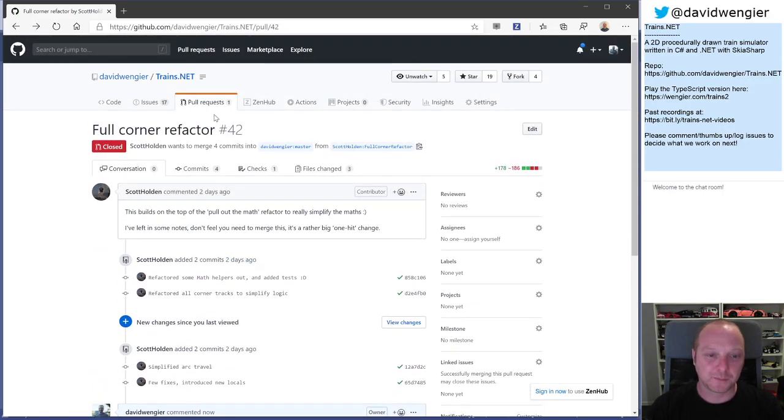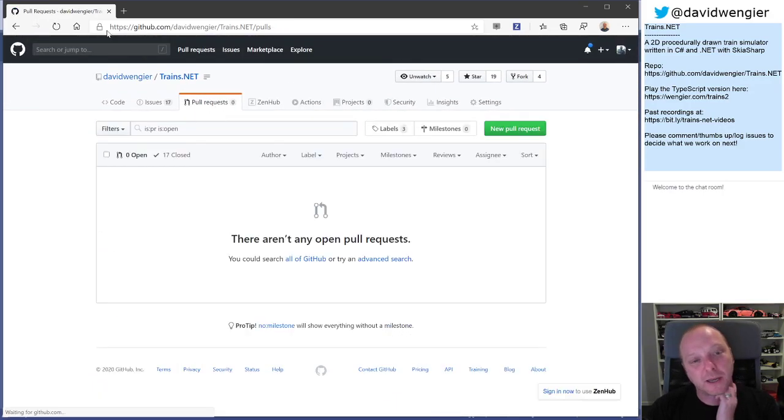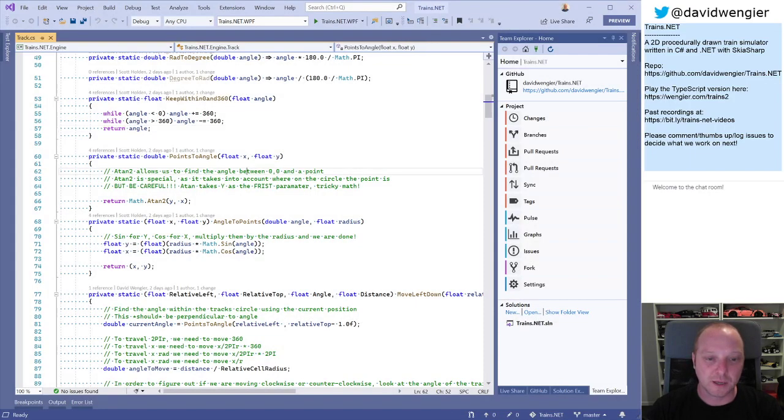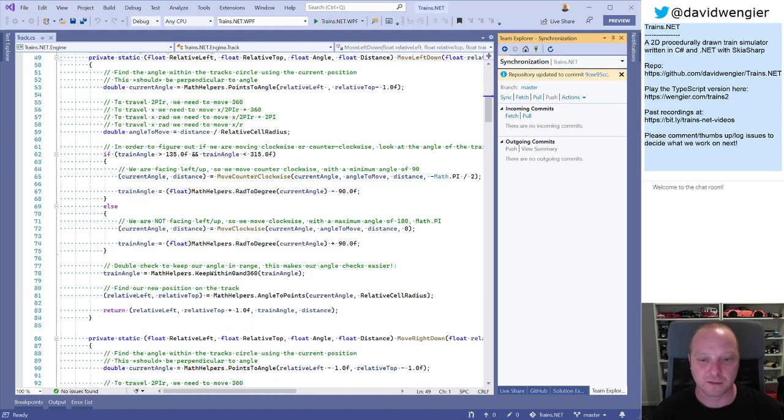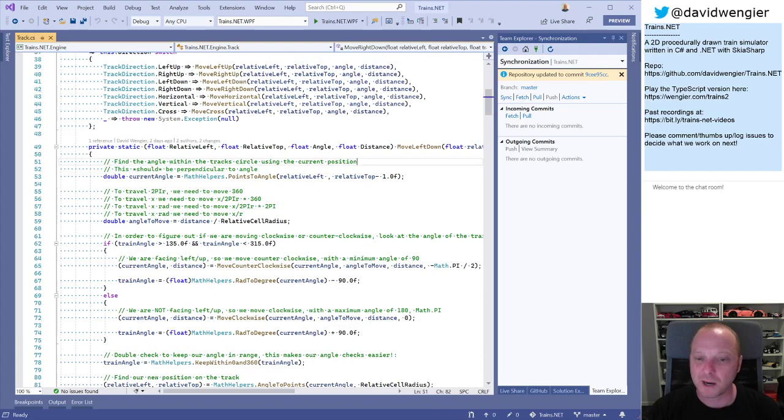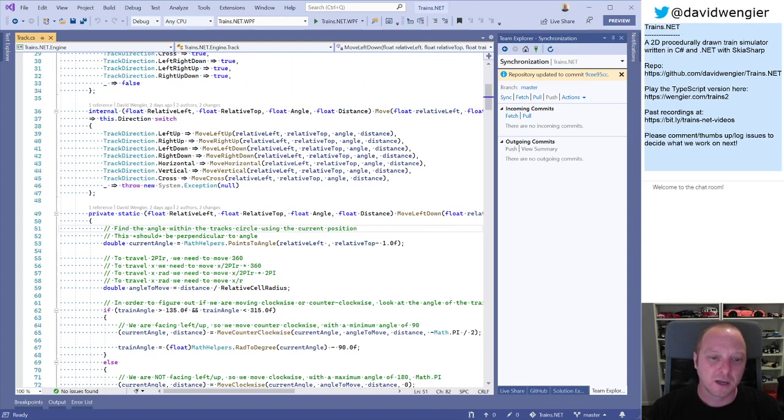Alright, cool. So the job today is to refactor this stuff. Let's pull down those changes. To refactor these 4 methods into hopefully one, or just into something that makes sense.